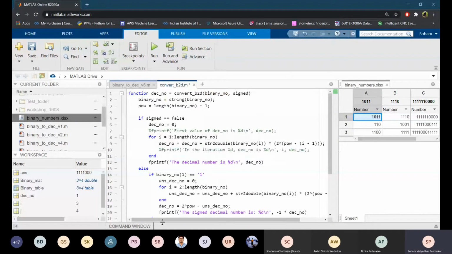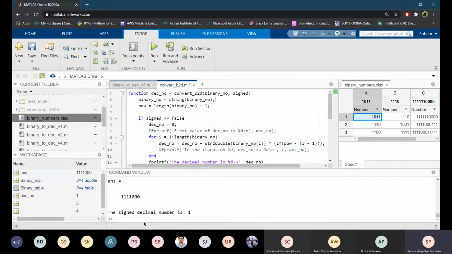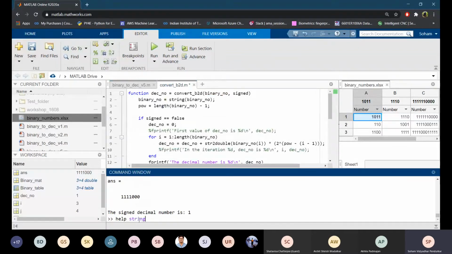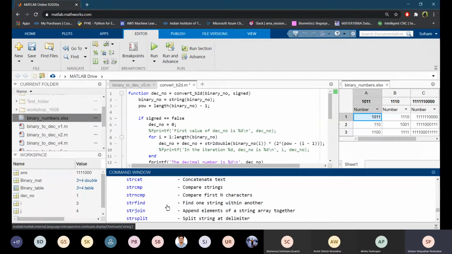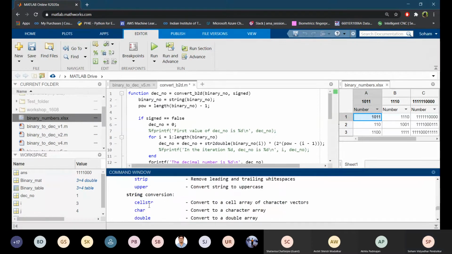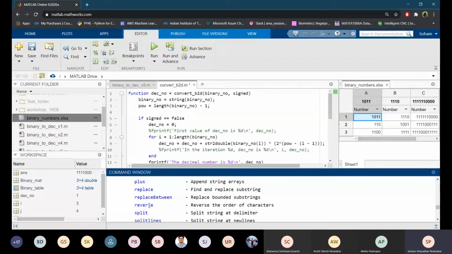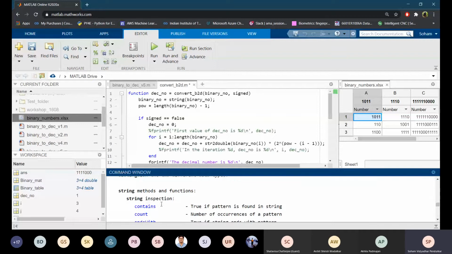So let's also take help from MATLAB. String. Yeah, so string is there. See, there are so many functions inside string.